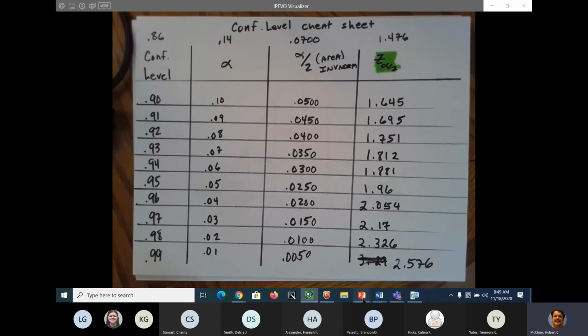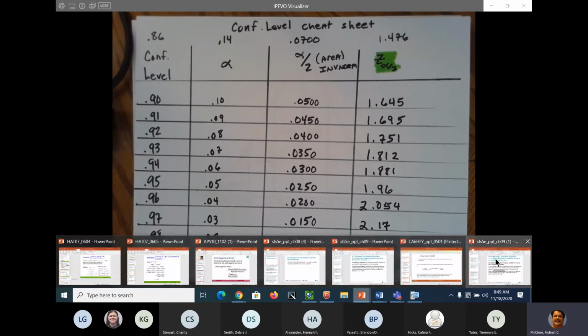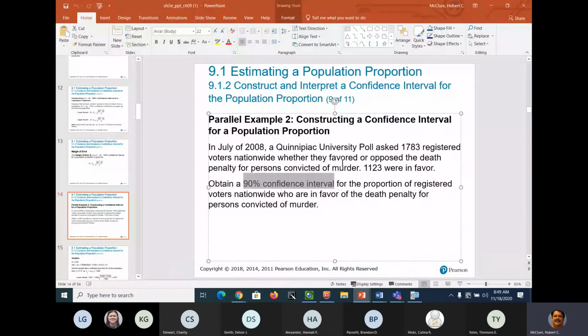So I need you, when you're writing down this question, because this is a test question, this is what I would ask you out of chapter 9. It says obtain a 90% confidence interval for the proportion of registered voters, and so on. This right here, I want you to highlight: 90% confidence interval.